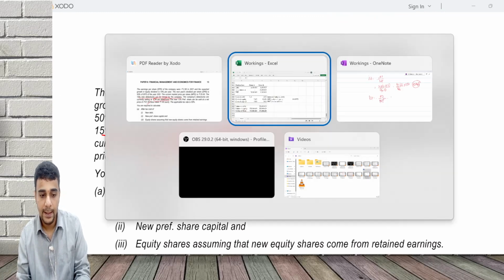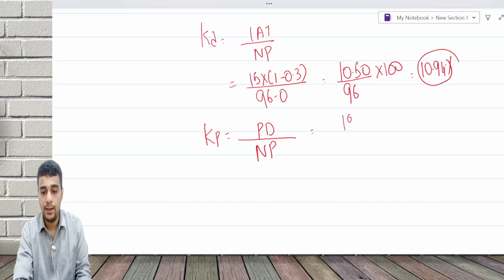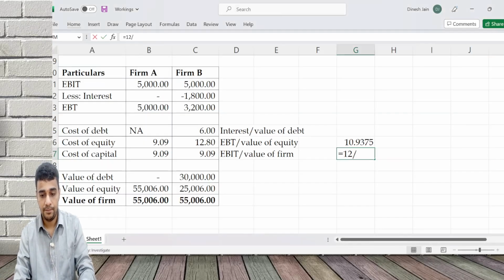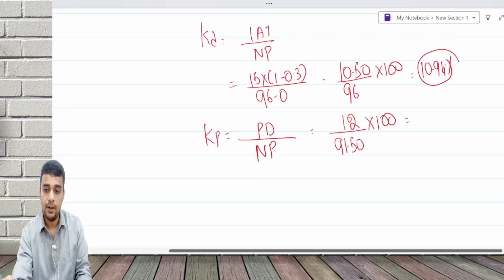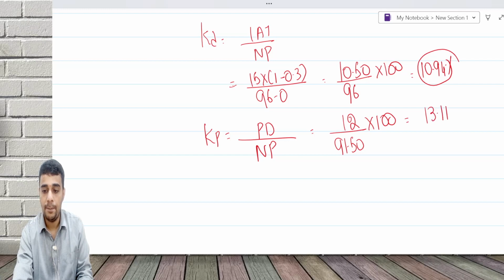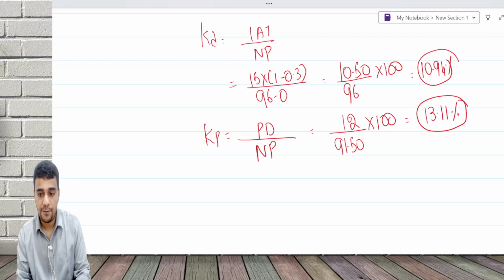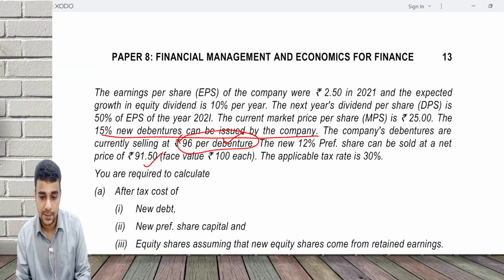So 12 divided by 91.5 into 100 is 13.11%. Cost of preference is 13.11%.